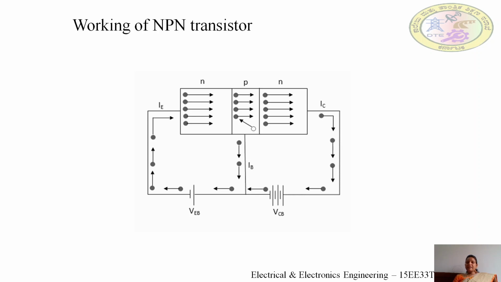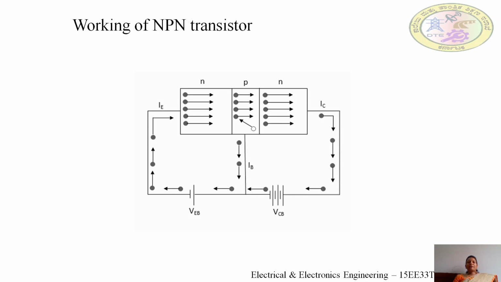As the base is very lightly doped and it is very narrow, there are very few holes available for the combination. The remaining electrons will cross over to the collector junction. So the emitter emits the electrons. They enter the base region.